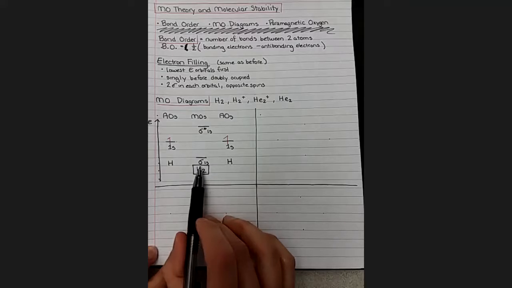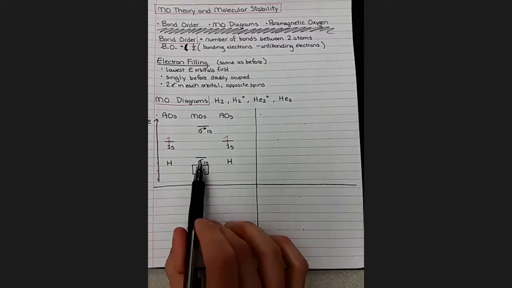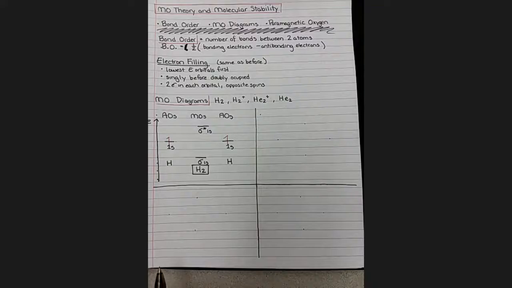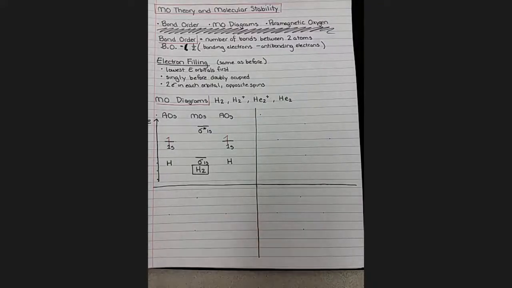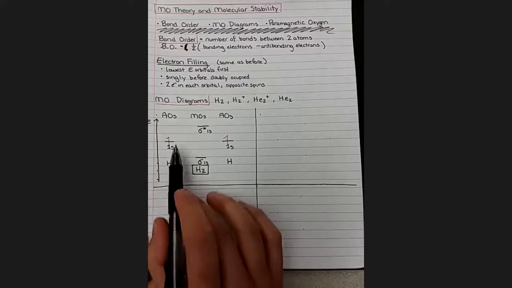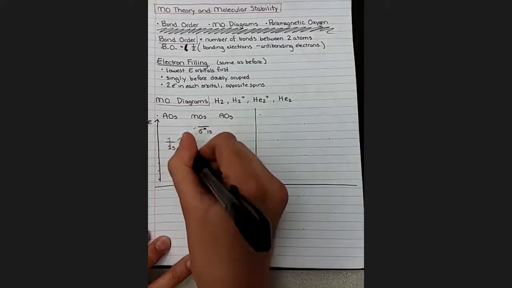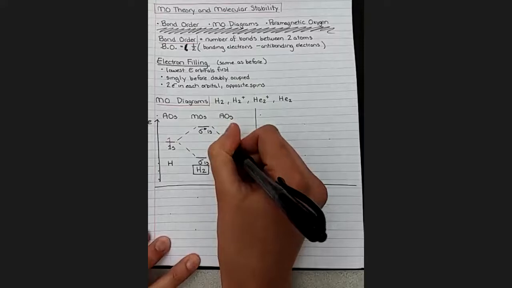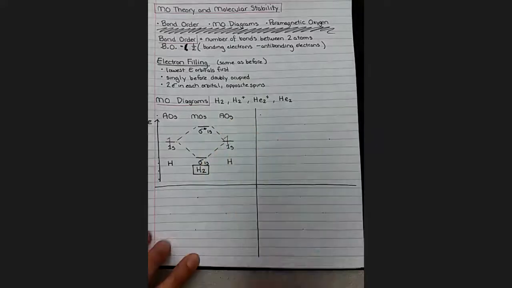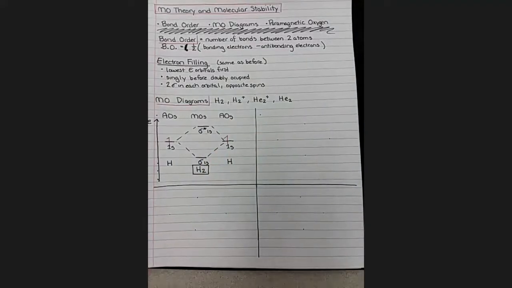The Greek letter, sigma or pi, tells you where the overlap is, and the star or lack of star tells you if it's bonding or anti-bonding. So there's a lot of information packed into this one little symbol for the label. And since each of these are overlapping to form these two molecular orbitals, we will draw dashed lines towards them.